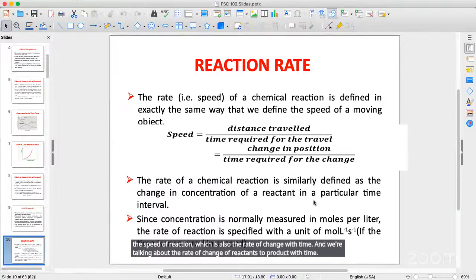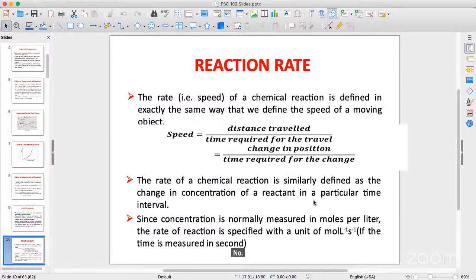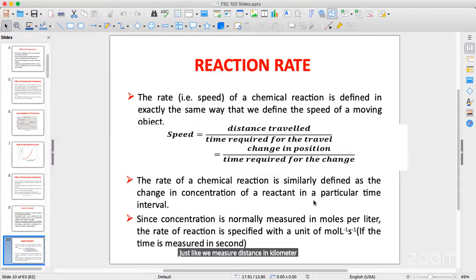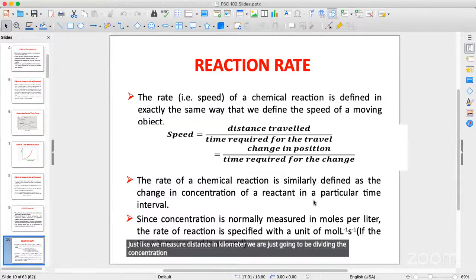Now, because we measure concentrations in mole per liter or mole per dm cube, just like we measure distance in kilometers, we are just going to be dividing the concentration by time. Remember, for the speed of a car, we use kilometer per hour.